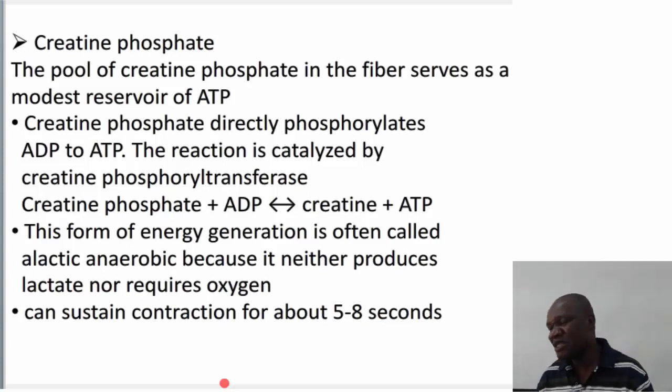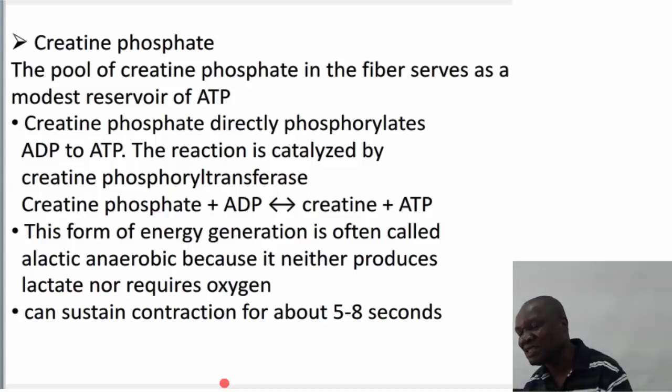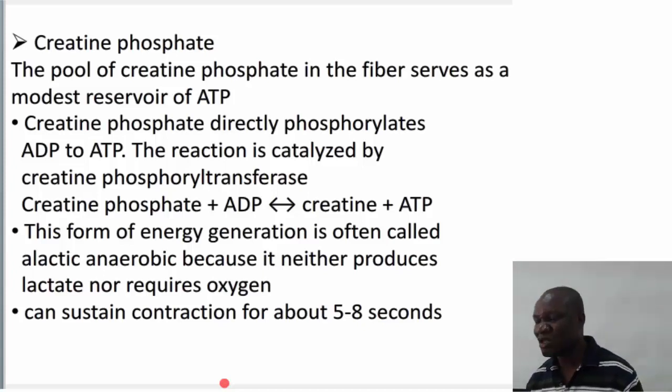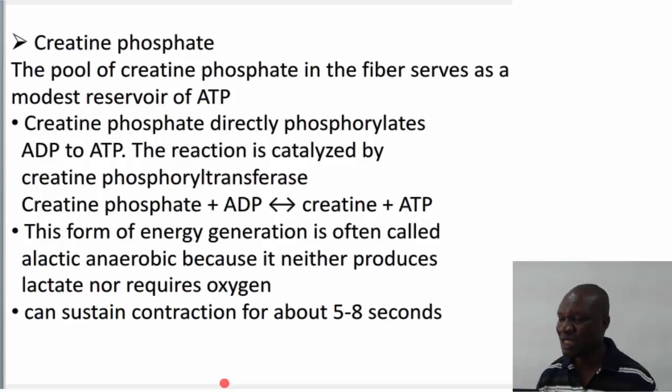Now, during this production of energy, no lactic acid is produced, and no oxygen is utilized. Now, this energy from creatine phosphate will last for between 5 to 8 seconds. So even though it is the immediate source of energy, it's not a very sustainable energy production process.